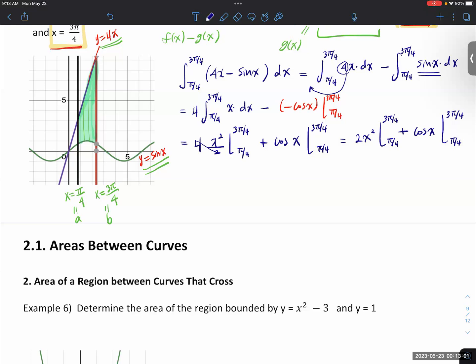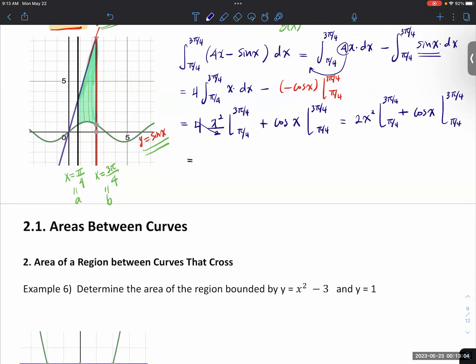You are doing good, and now we're going to do the subtraction. 2 times (3 pi over 4) squared minus 2 times (pi over 4) squared. So that's the first term. And then second, cosine 3 pi over 4 minus cosine pi over 4.